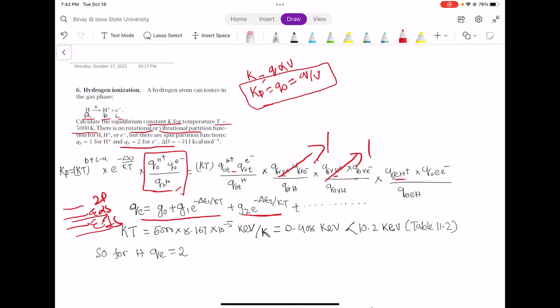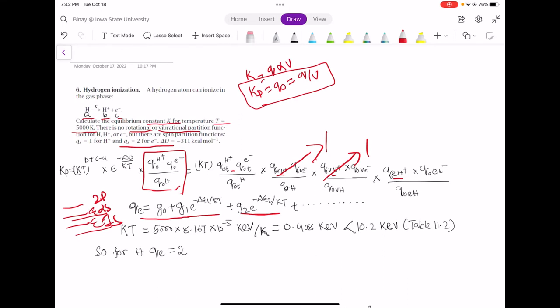So the Q spin for the electron equals the electronic partition function for the electron, and Q H plus electronic equals Q H plus spin. These two we can easily equate.